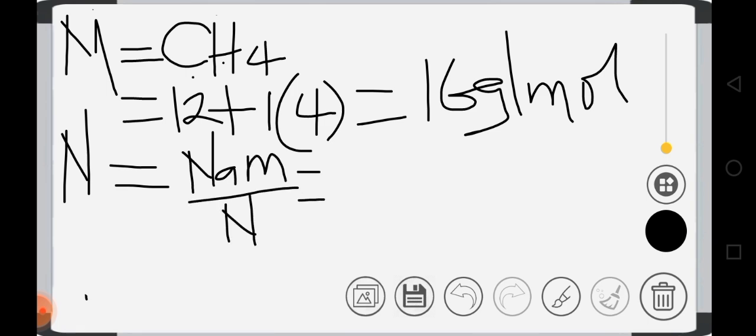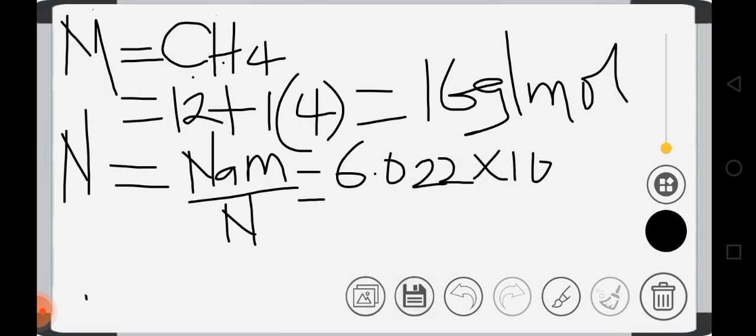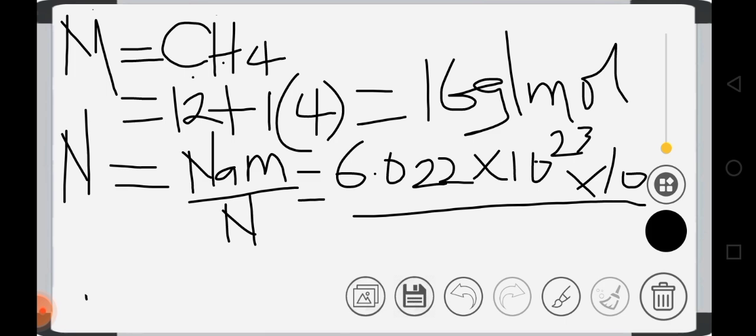So that gives us Avogadro's number, 6.022 times 10 power 23, times the mass, which is 10, divided by the molar mass, which is 16.